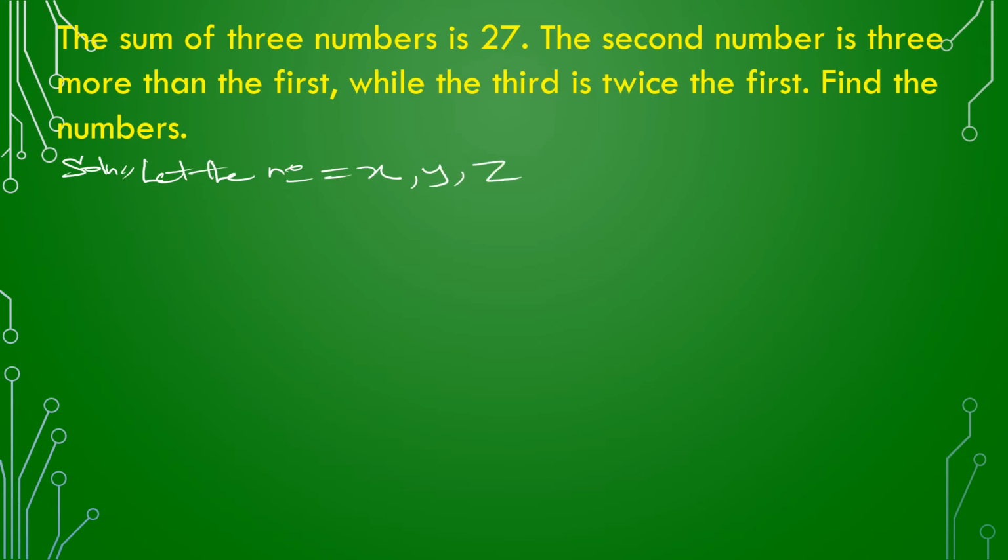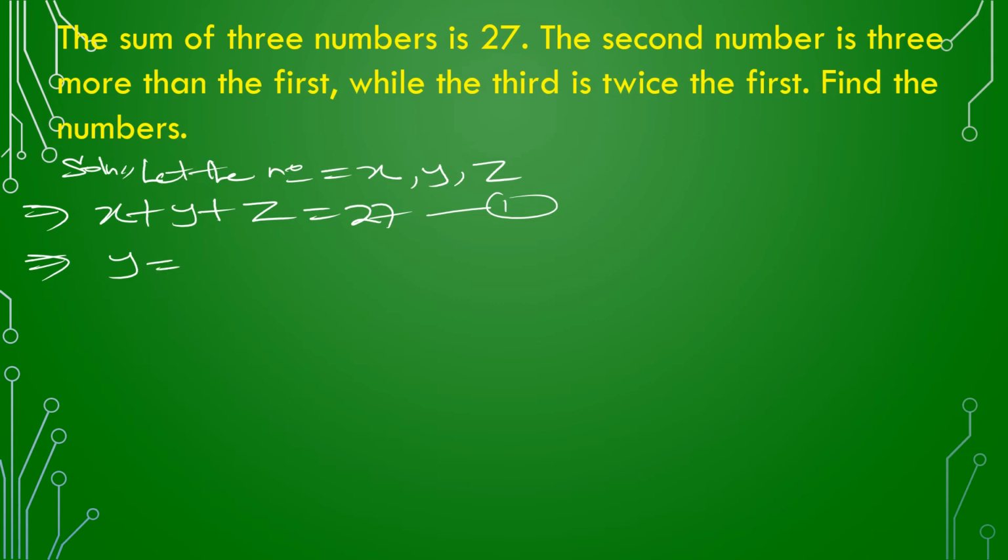So from the first statement, the sum means x plus y plus z is equal to 27. So we have this as our equation 1. Now the second number is 3 more than the first. The second number here is y. So from here they say y is 3 more than the first.